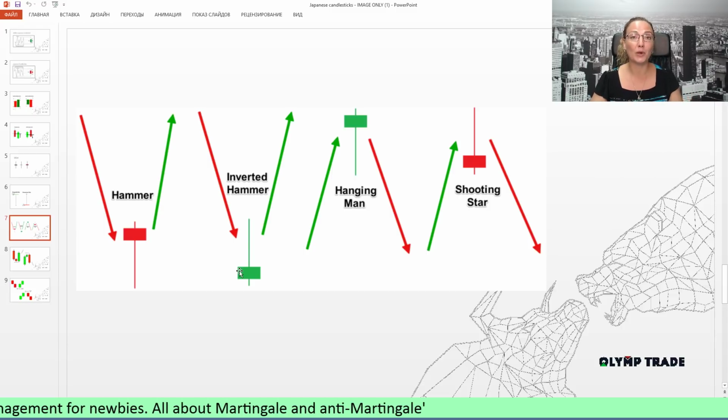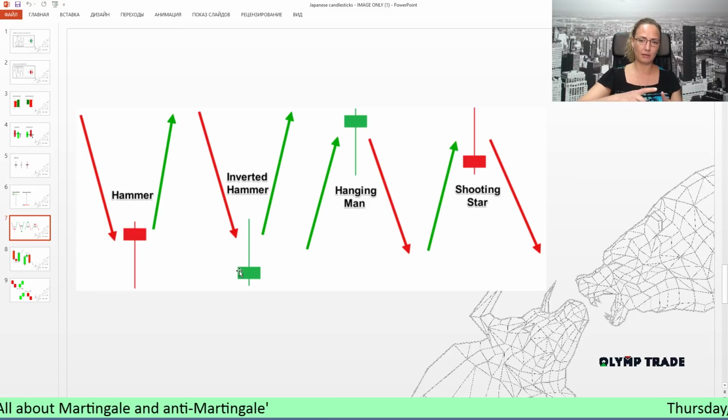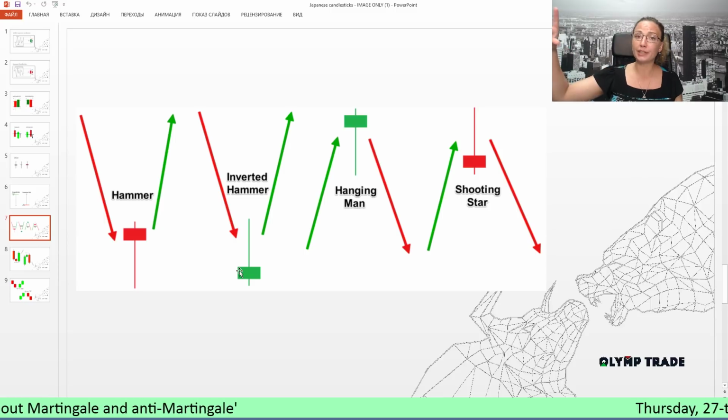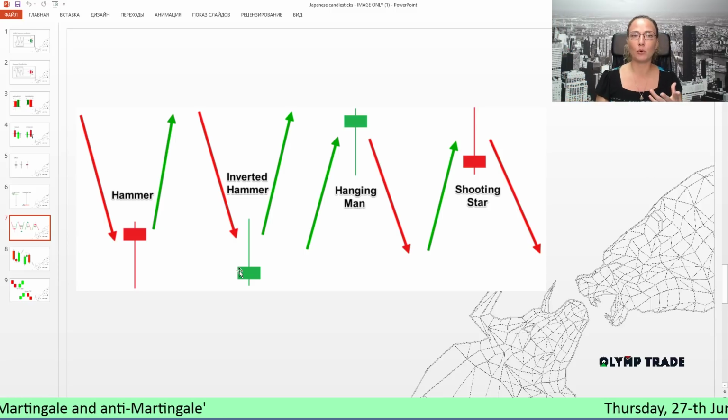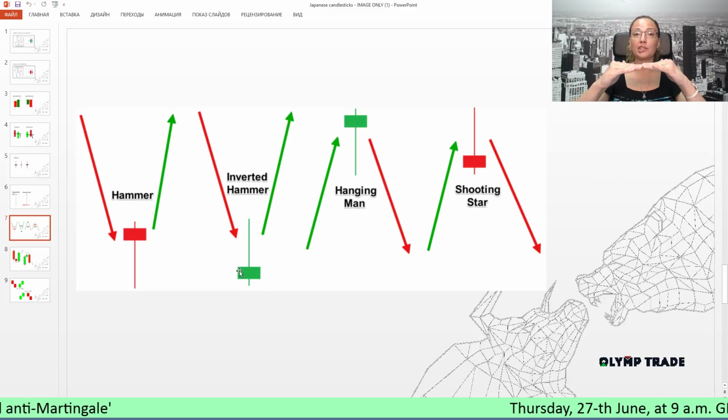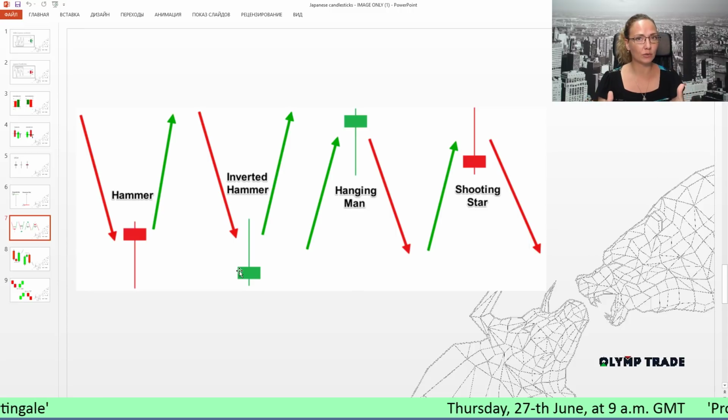It really just depends on where it's located on the trend. And another important thing is that you will encounter these candles during a trend. So you have to remember about your support and resistance levels, so that you know when price is reaching that support or resistance level. That is when you want to look for these candles for a possible confirmation of a reversal.